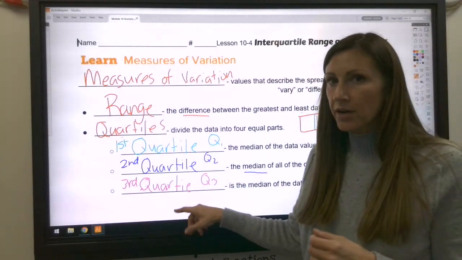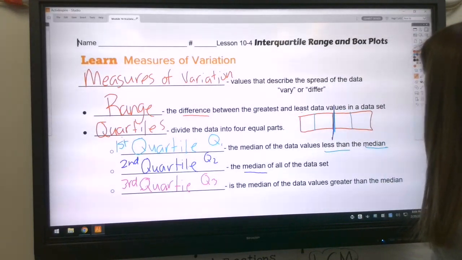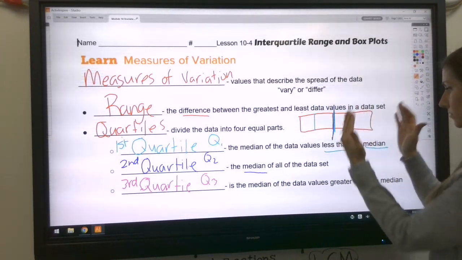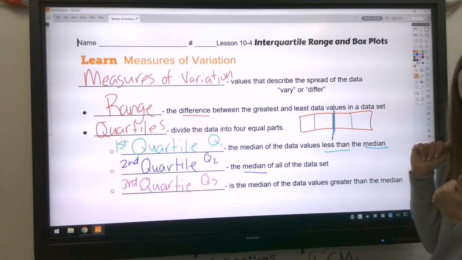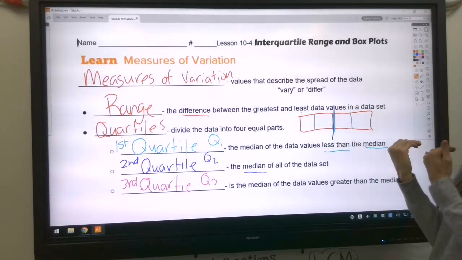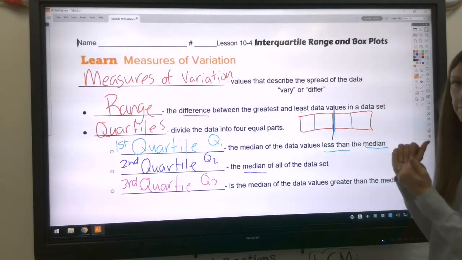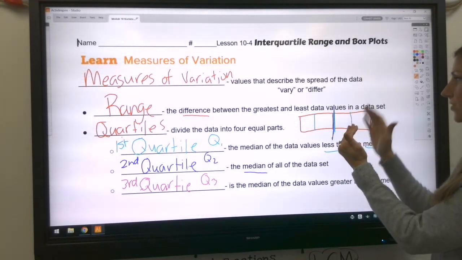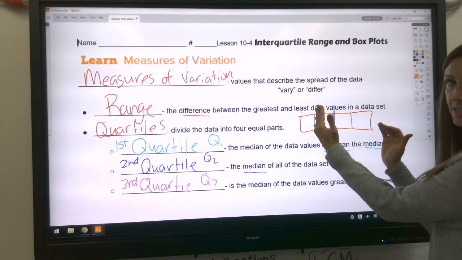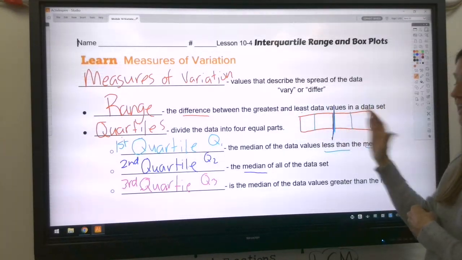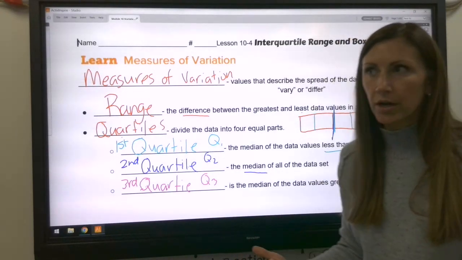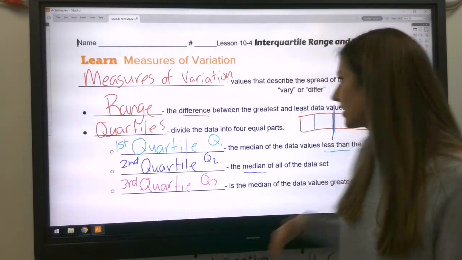All right, so quartile 3 is looking specifically at the median, the middle of the values greater than the median. So we're on this side of the median, half of that, right there, okay? It's that specific value for quartile 1, that specific value, quartile 3, that specific value. Using this information, we're going to get more analyzing out of our data.